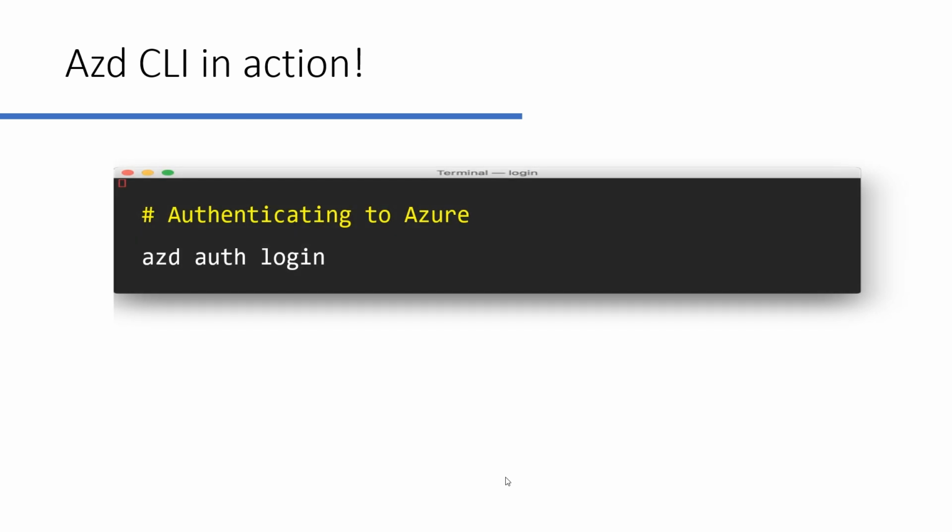So now we initialized the project, we created our code, and we are ready to run our application and deploy it to Azure in order to see if it works as expected. The first thing we need to do is to log into our Azure environment, and for that we have a specific command: azd auth login.